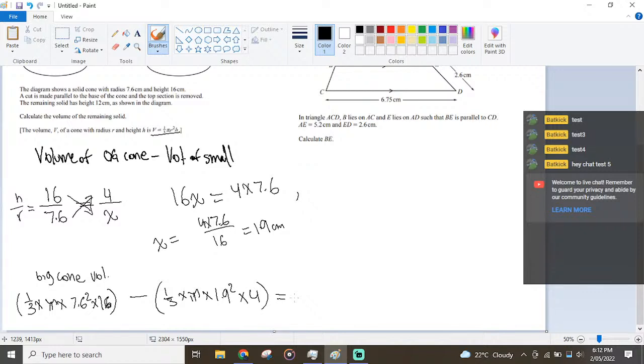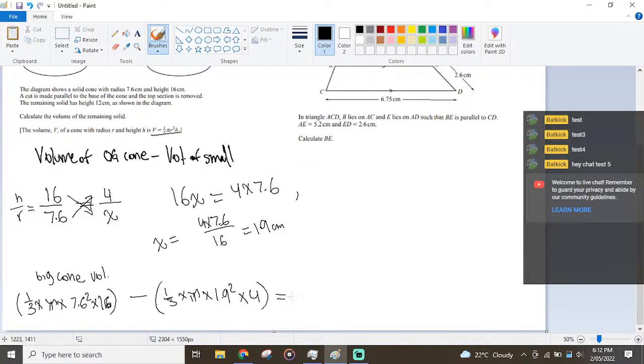7.6 squared times 16 minus, the brackets are just for clarity. They don't really matter because multiplication happens before subtraction anyway, times pi times 1.9 squared times 4.